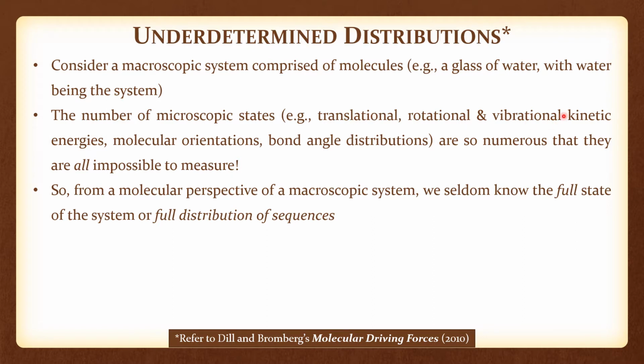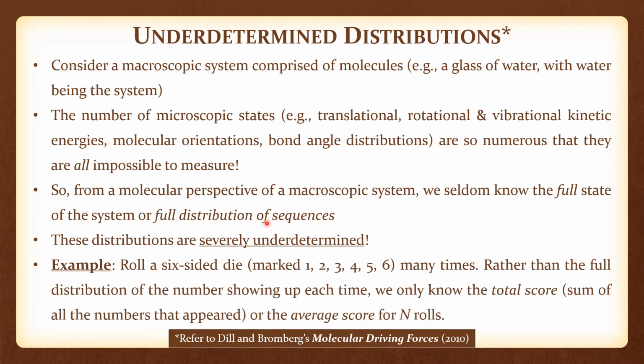Translational, rotational, vibrational, kinetic energies, and then positions. Don't the relative positions give the potential energies for the molecular orientation, the bond length, bond angle distributions, all those, right? So, we never know the full distribution. These distributions are severely underdetermined.